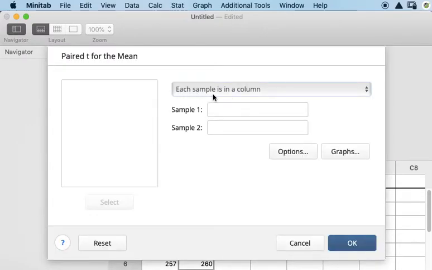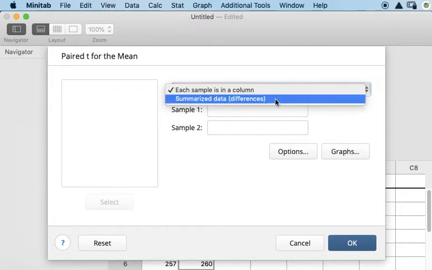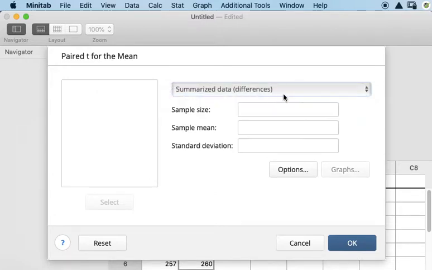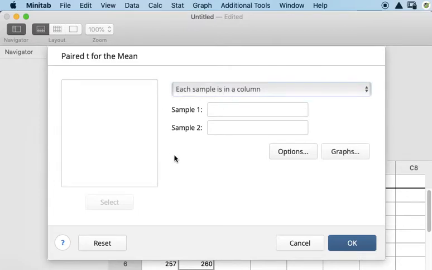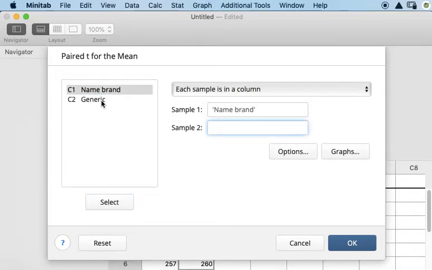This time, each sample is in a column because I have the data entered into Minitab in columns. If the problem were giving me means and standard deviations, I would enter summarized data, so I would select that, but that's not what I have. I have each sample in a column. So I'm going to click in the box and then select sample 1 to be the name brand and sample 2 to be the generic.